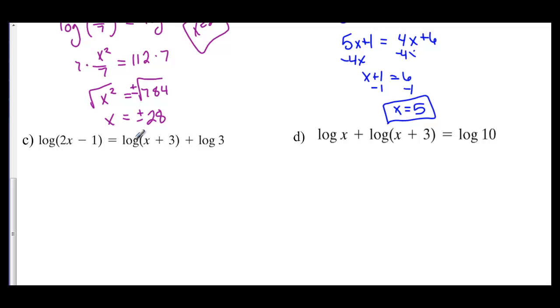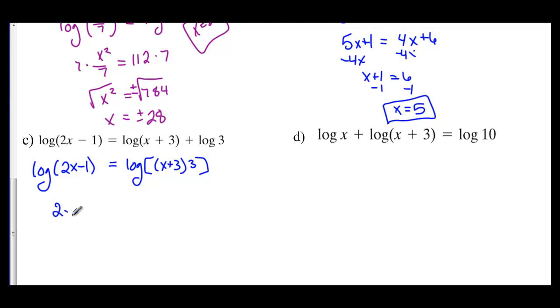Okay, for C, this is going to be the same idea. So we're going to have log of 2x minus 1 equals log, and again, we're going to use our product rule, and I'm going to use brackets just to put those together. So x plus 3 times 3, and then once we have log base 10 on both sides, we can get rid of those logs.